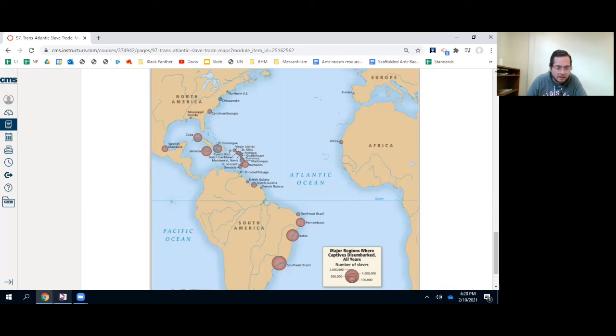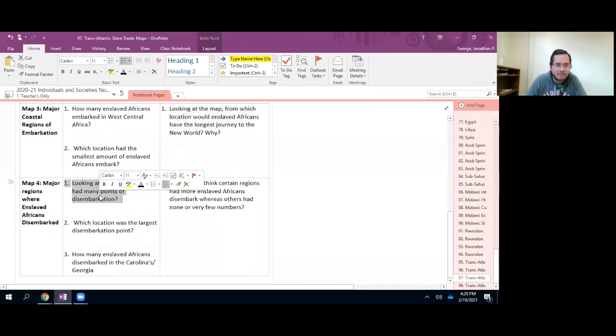All right, let's look at the questions for map 4. Looking at the map, which area had many points of disembarkation? Where were there just a massive amount of ports where enslaved Africans got off the ship? Which location was the largest disembarkation point? And how many enslaved Africans disembarked in the Carolinas in the Georgia region?